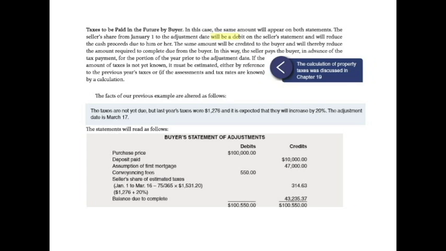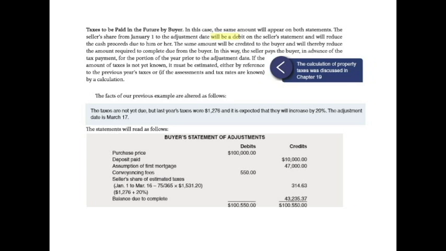Because, I guess, the adjustment date was March 16th. So basically, the buyer on July the 1st will have to pay property taxes of $1,531.20 on July 1st.